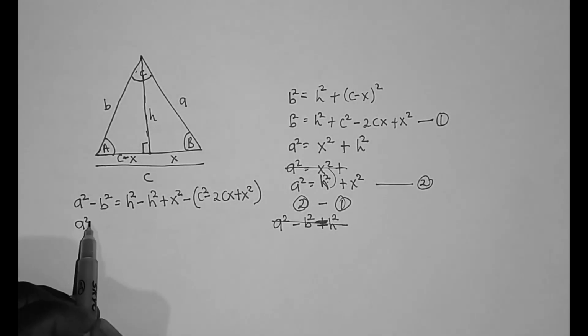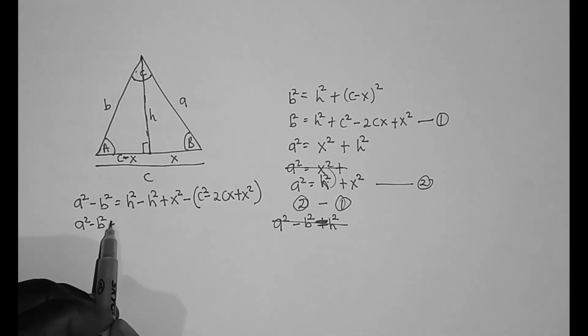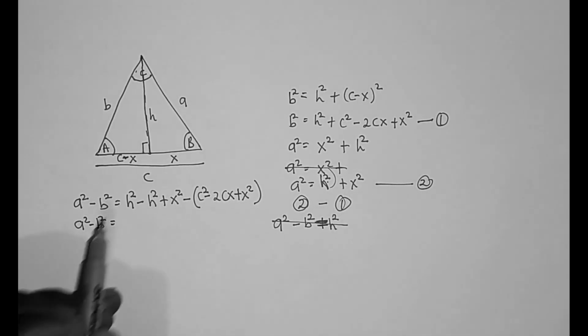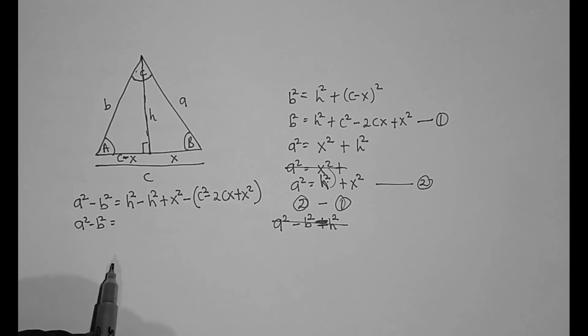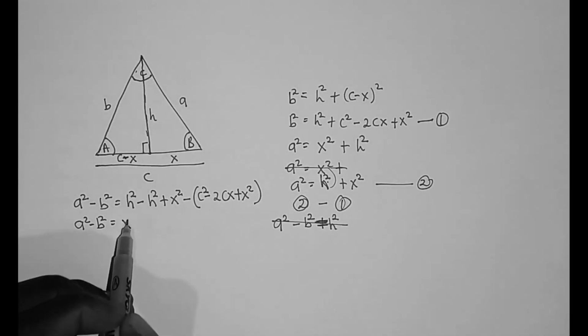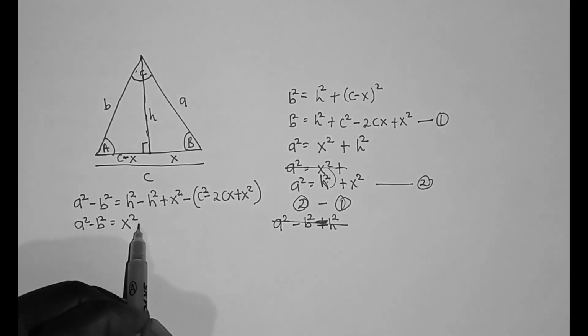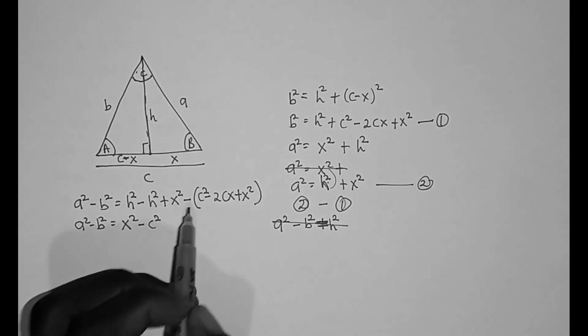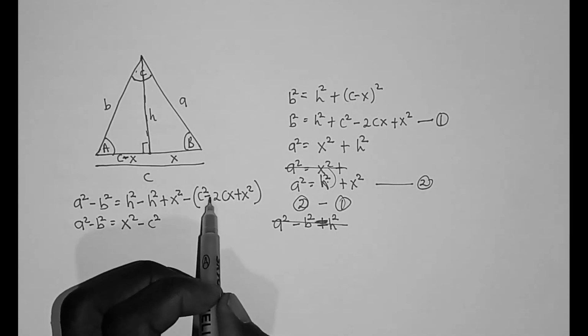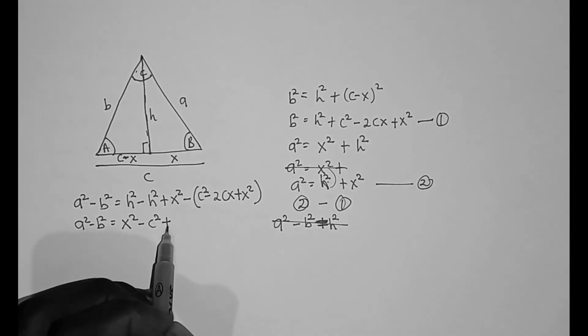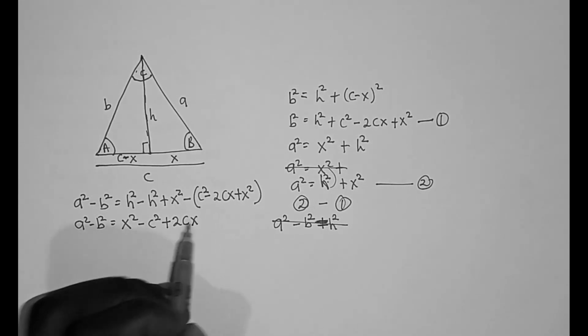So a squared minus b squared is equal to, a squared minus h squared is 0. So we are left with x squared, minus 1 times c squared is minus c squared. Then minus 1 times minus 2cx becomes plus 2cx.